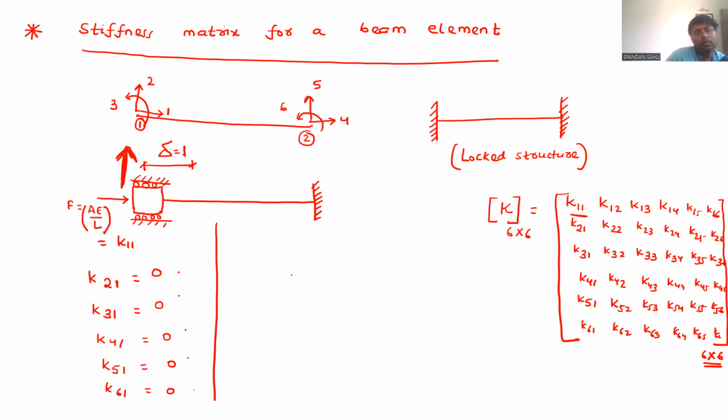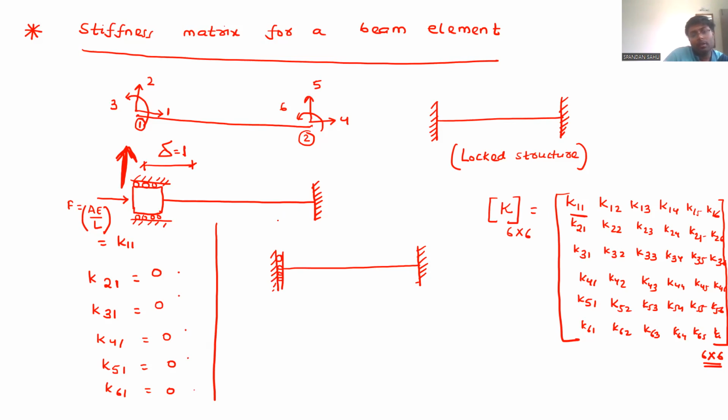You need now the second column. So to release your degree of freedom along coordinate 2, what type of joint do you need to provide? Vertical shear hinge. That will be a shear release.